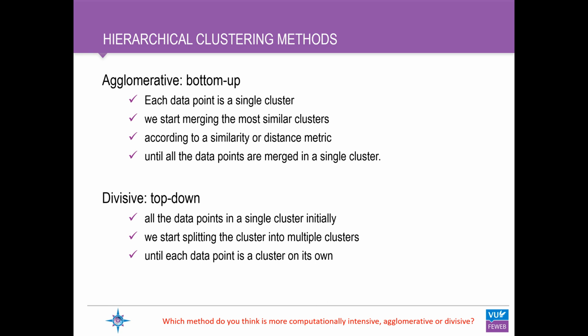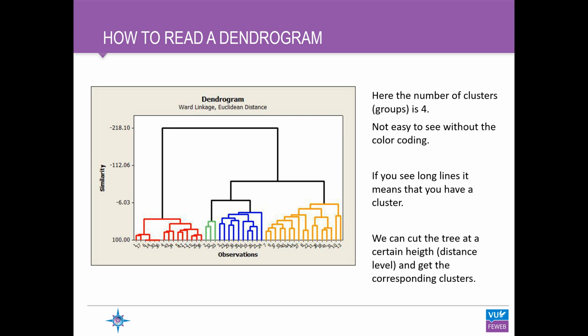Now the agglomerative is the other way around. There you start with all the data points as separate clusters and then every step you merge them based on the distance matrix until they are all merged in one cluster. If you do this, you can create a dendrogram, and this will actually tell you how many clusters are ideal.